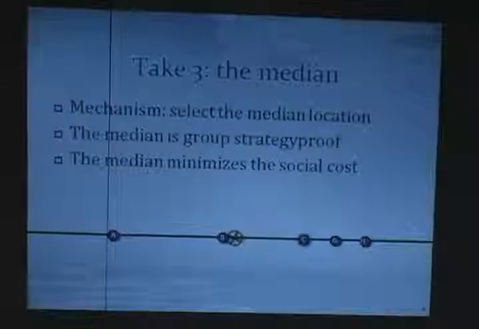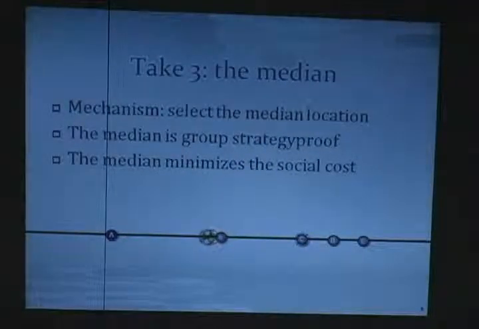Now, when the facility passes B, I'm getting further away from 4 of the agents and closer to only 1. By the way, there are some sound effects here, so I hope you can hear them. Okay, and at this point, I'm getting further away from all 5 agents and closer to none. But the point is that in every stage, I'm getting further away from a majority of agents and closer by the same distance to a minority of agents.